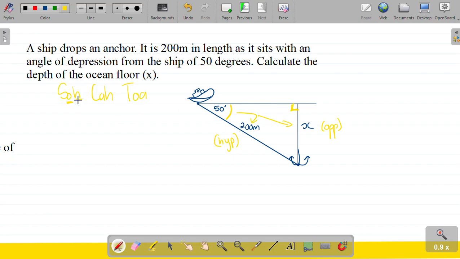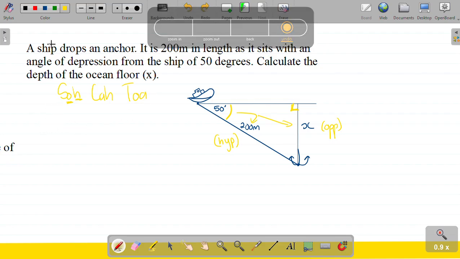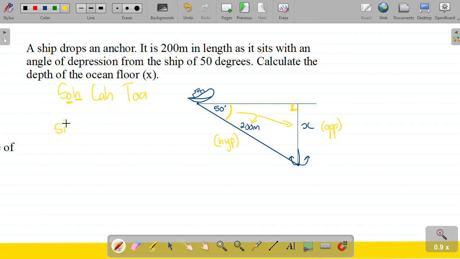So again, we are going to be looking at our sine over there. All right. So let's go ahead and do that. The sine of 50 degrees is going to give me opposite, my x, over my hypotenuse. And I know my hypotenuse is 200.